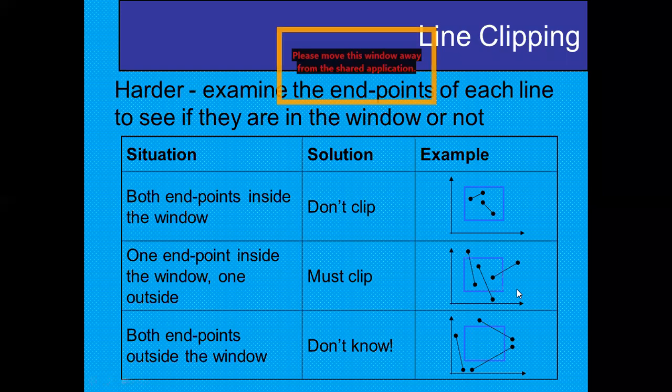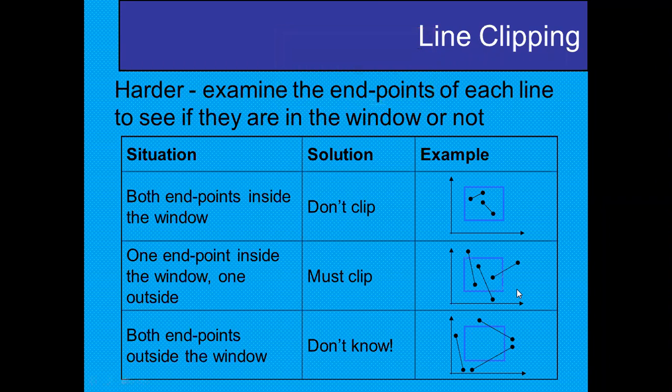We will clip only the portion which is lying outside the window. The point where the line meets the window edge is called the intersection point, and from that intersection point to the point outside, the other end of the line segment, we will clip that portion.